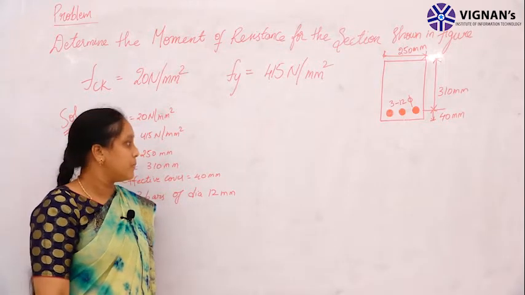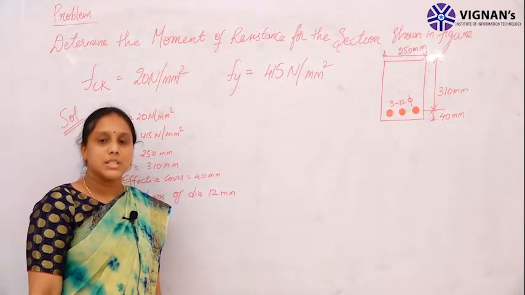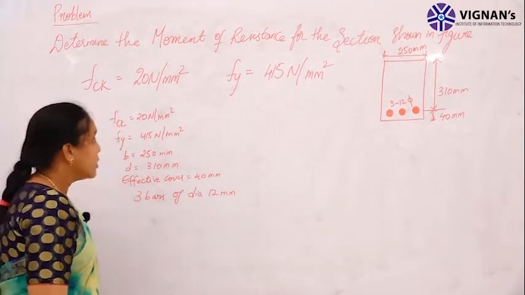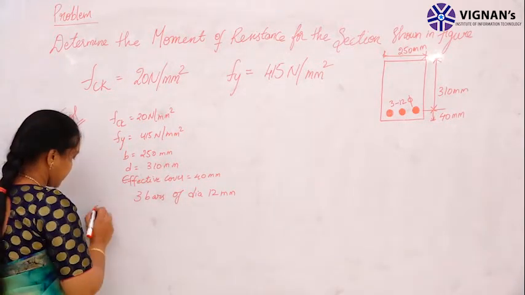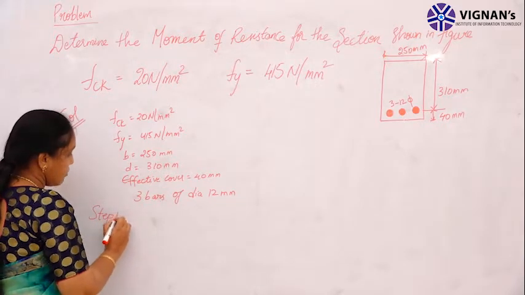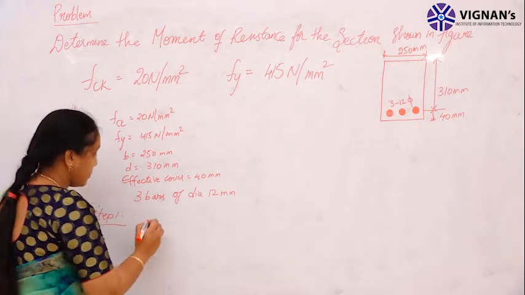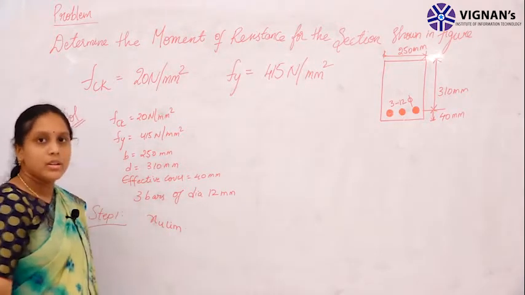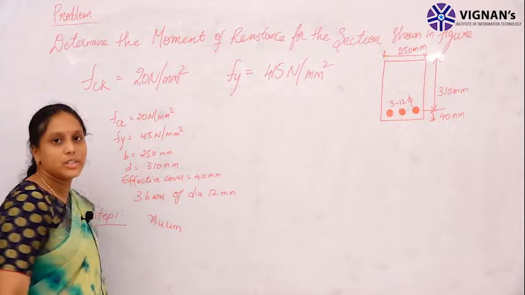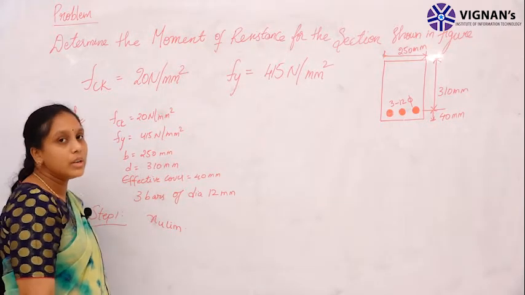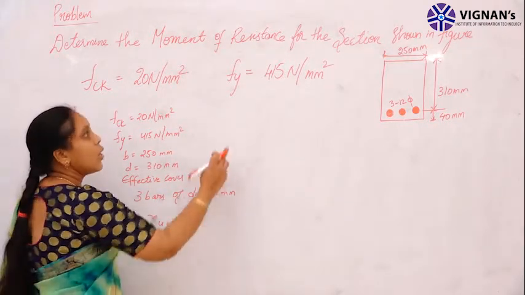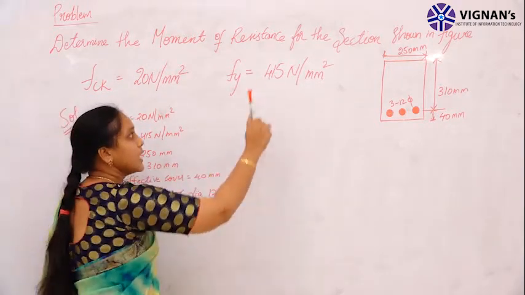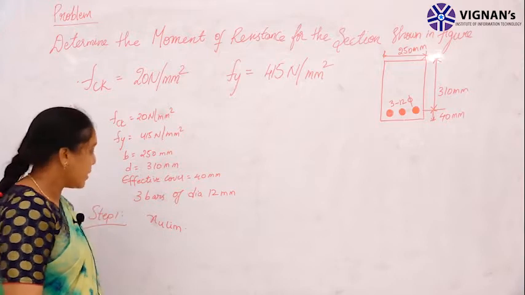Previously we have discussed the steps to calculate the moment of resistance. So what is the first step? Step 1 is to calculate xu limit. So how will we find out the value of xu limit? The xu limit value depends on the grade of the steel. So what is the grade of the steel here? The grade of the steel is 415 Newton per mm square.